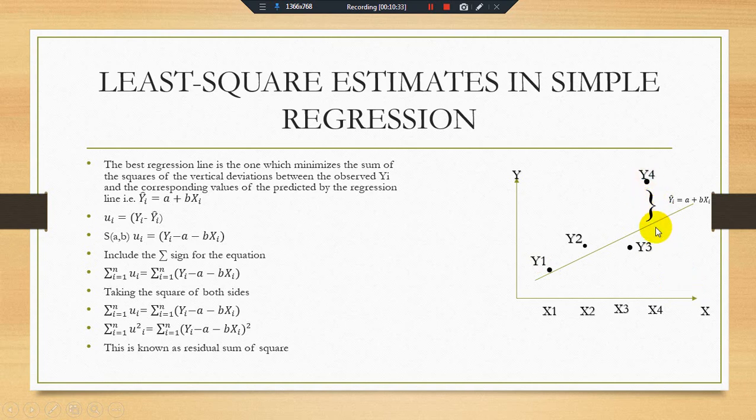Keep in mind, this is your estimated and this is your actual. This difference is the estimated a plus bxi. This is what we have estimated, but this part we are not covering. So this is our unexplained variation. This is our error, ui is equal to yi minus a minus bxi.